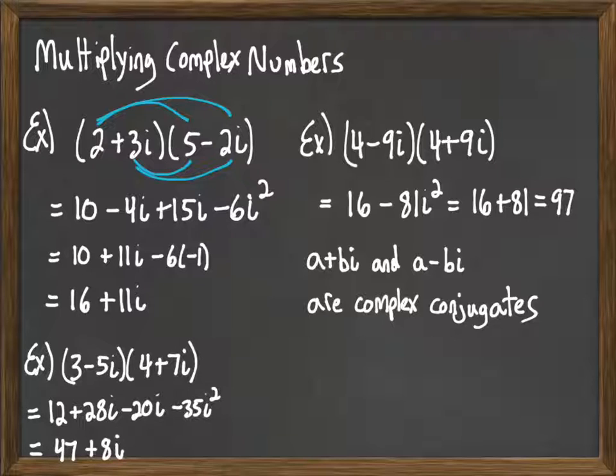And anytime you multiply a pair of complex conjugates, the result's going to be a real number. And this is actually going to be important when we get into dividing complex numbers in the next video.